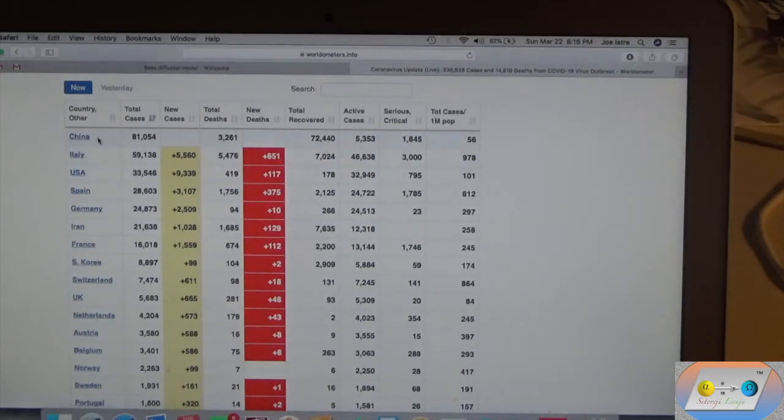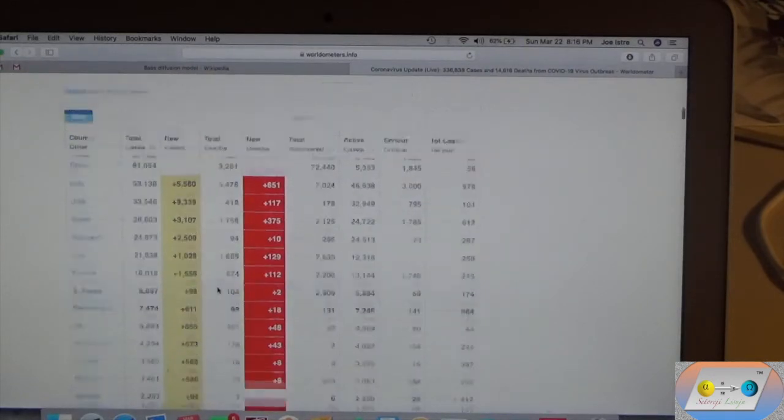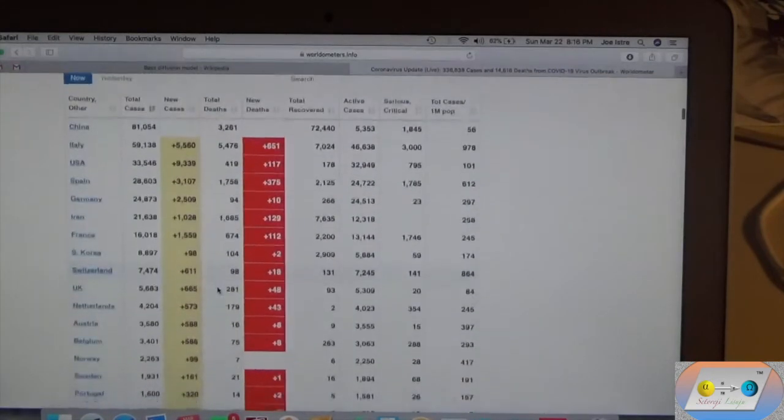China's the biggest country on earth, and Italy is quite small, and Italy has more deaths than China. That is weird. Did it really start in Italy and then spread to China, or vice versa? Or are these numbers all fake? Or is their way of counting deaths different than the Chinese count deaths? Right? That's another question you got to ask yourself when you're doing data analysis, for those of you data geeks.